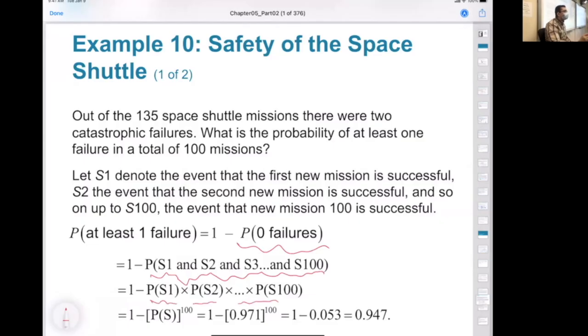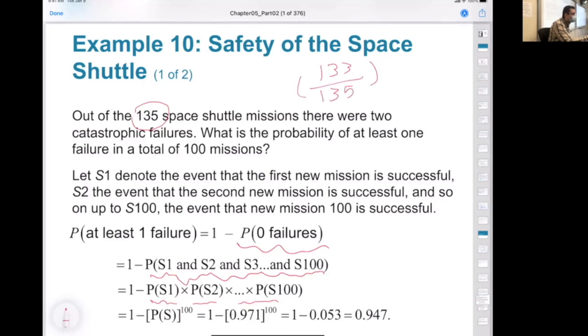What is the probability that a mission is successful? Out of 135 space shuttle missions, there were 2 failures. So the success probability is 133 divided by 135.